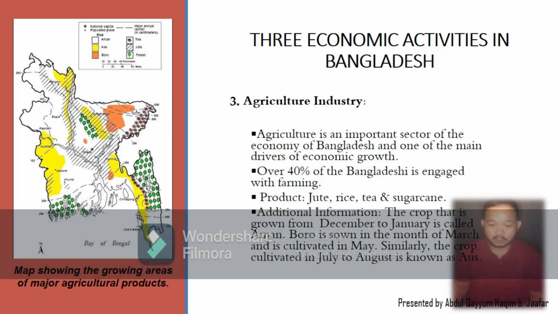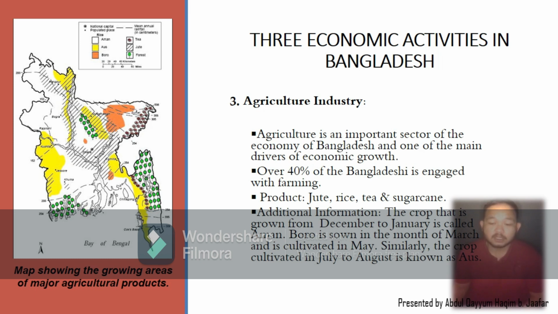Third is the agriculture industry. Agriculture is an important sector of the economy of Bangladesh and one of the main drivers of economic growth. Over 40% of Bangladeshis are engaged in farming. The main products are jute, rice, tea and sugarcane.